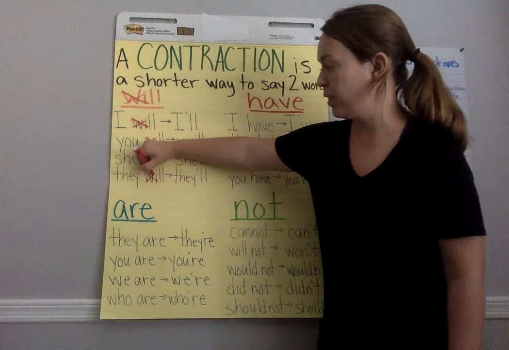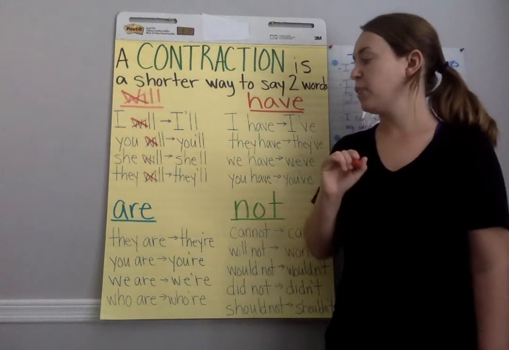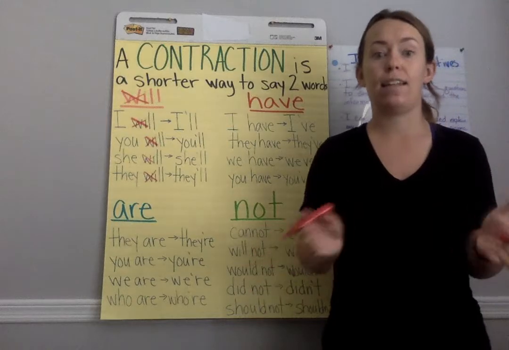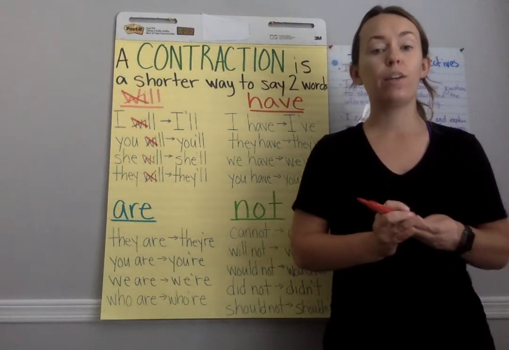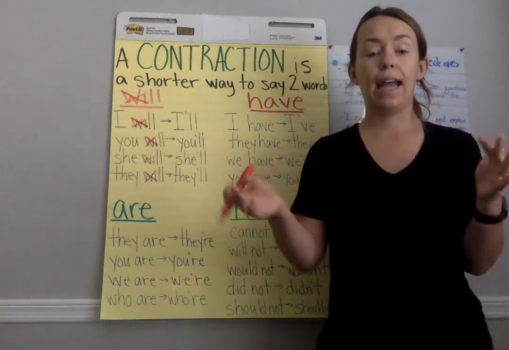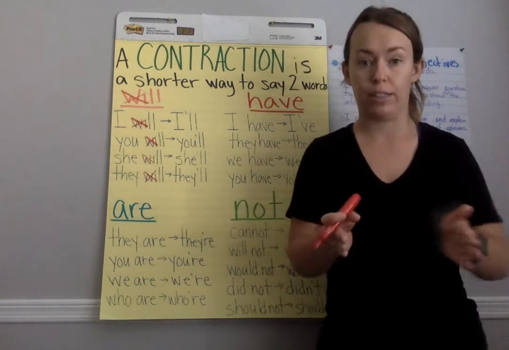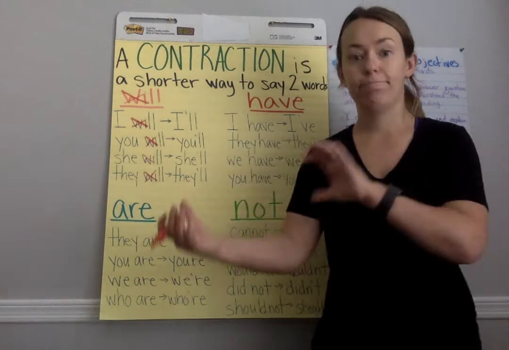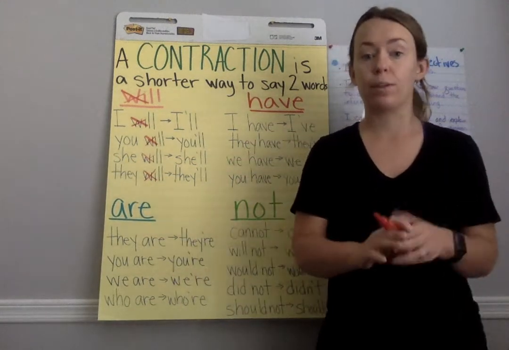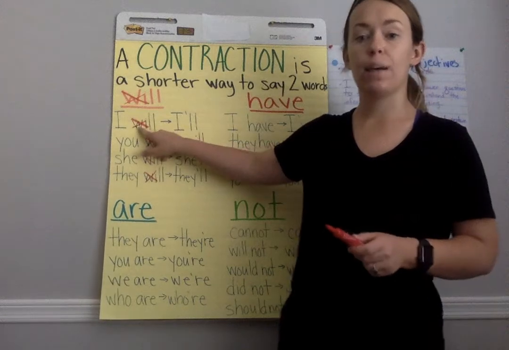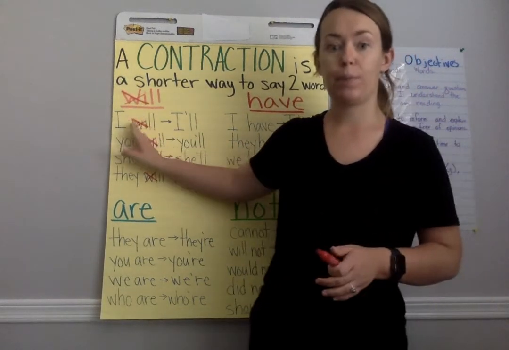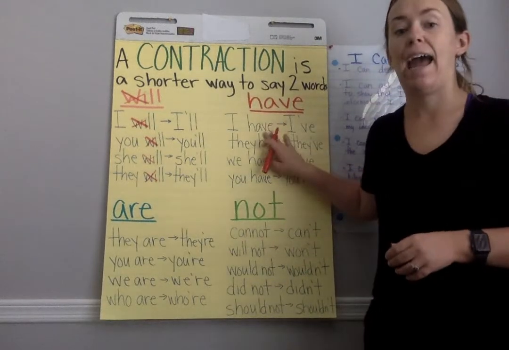Take out that W and the I, put an apostrophe in the place, and you'll get they'll. Okay, so it's really easy to understand how to do these contractions when we know which specific letters to cancel out. So just remember, anytime you're trying to make a contraction and it has some pronoun, I, she, he, they, and then will afterwards, you're going to cancel out that W-I and put an apostrophe in the place for it, okay?